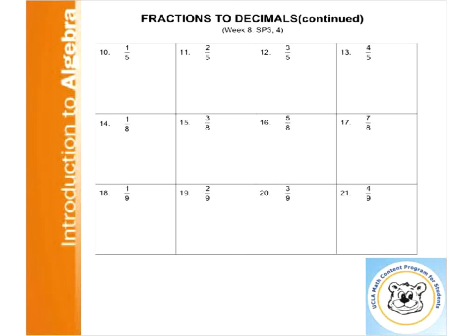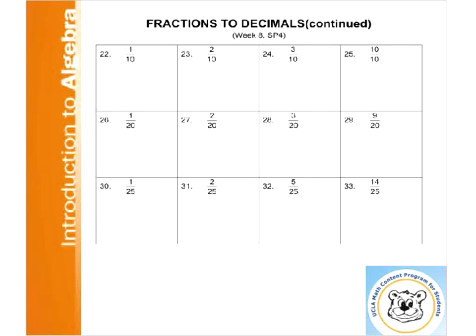Again, we're just emphasizing using alternative strategies, sense-making strategies, to come up with the fraction decimal conversions. And the same thing with this set of fractions. I'm going to use my knowledge of changing the denominator into a power of 10 to figure out what the decimal equivalents for these fractions are.